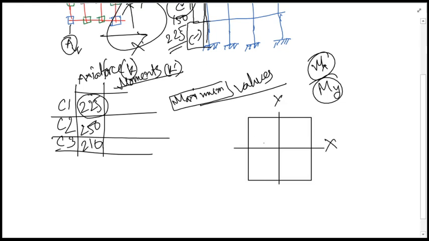In that case, a moment will be acting with respect to the x-axis. With respect to the x-axis, the moment is working in this direction, which is trying to make this portion over that portion.